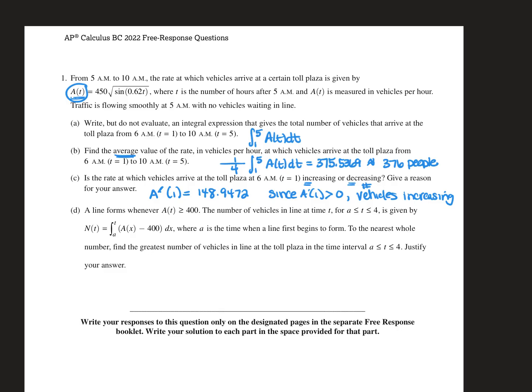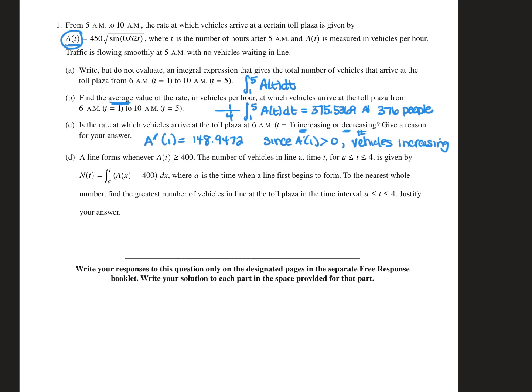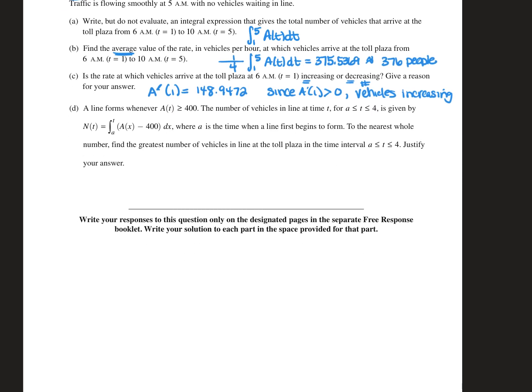Part D: a line forms whenever the rate is bigger than 400. The number of vehicles in the line between t equals A and t equals 4 is given by N of t, where A is the time when a line first begins to form. To the nearest vehicle, find the greatest number of vehicles in the line at the toll. So if we want to know the greatest number, we are going to take the derivative and set it equal to 0.